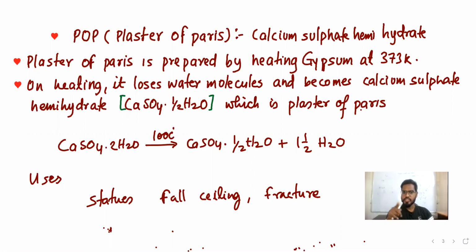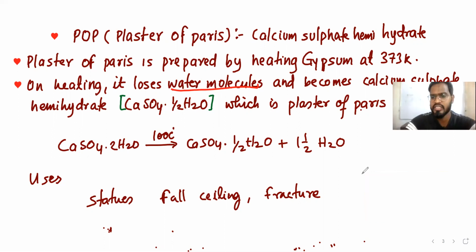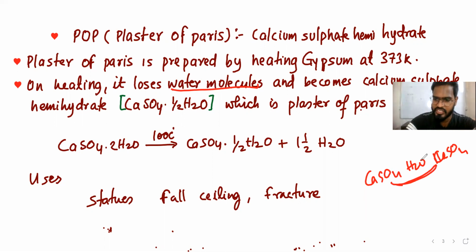On heating it, it loses water molecules and becomes calcium sulfate hemihydrate, which is plaster of Paris. Okay. Here it is CaSO4 and then H2O, CaSO4, right?